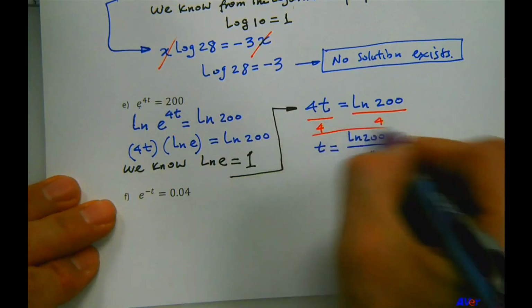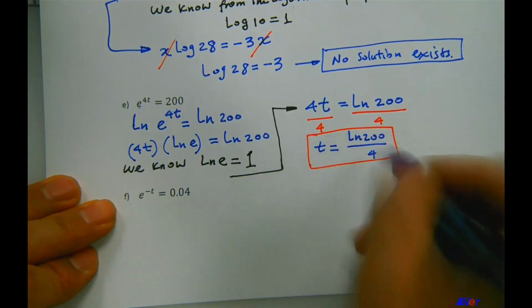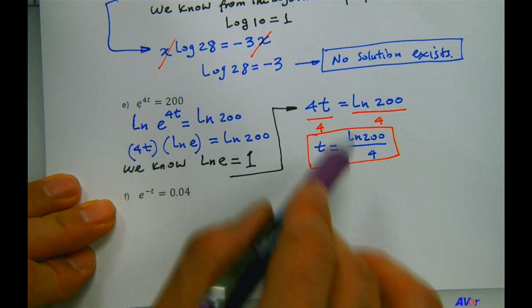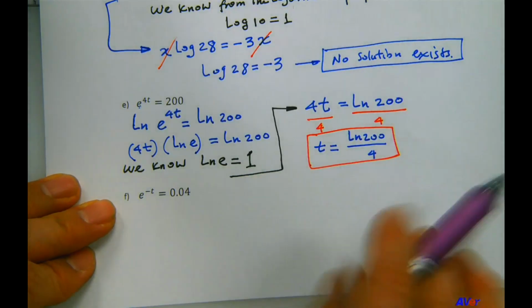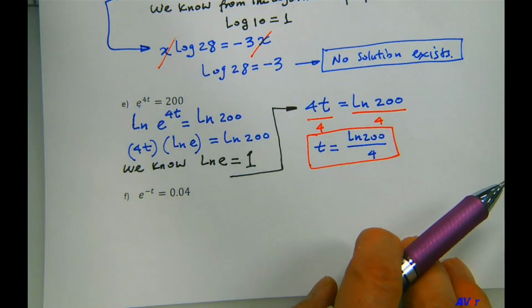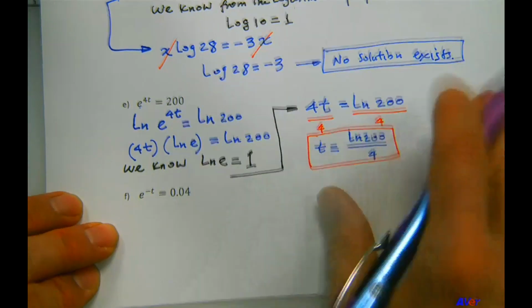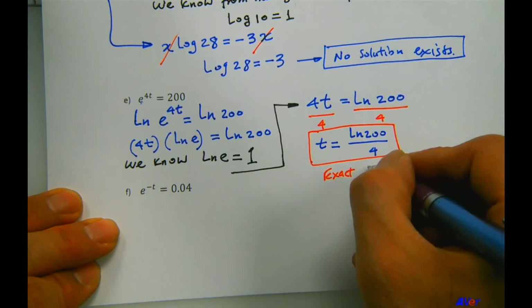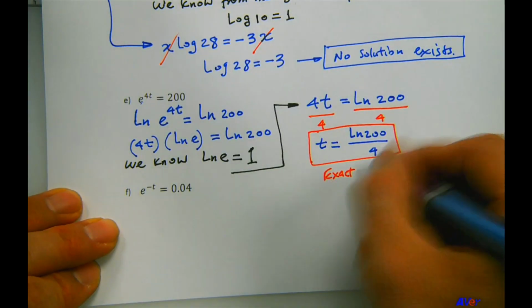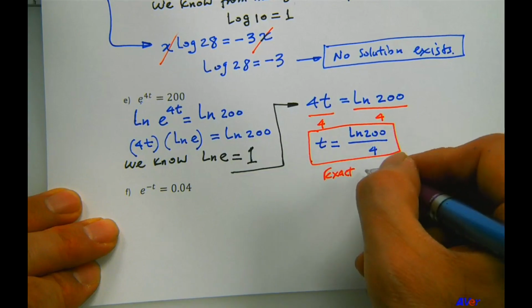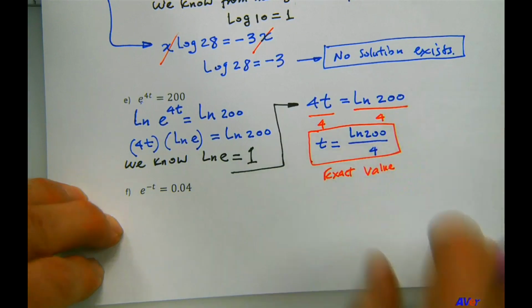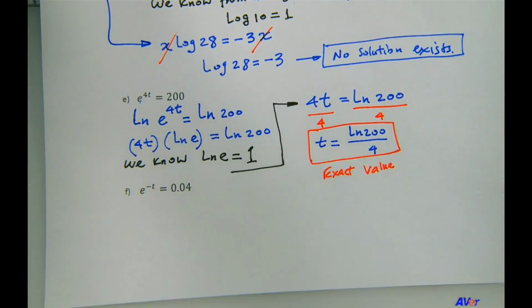So you do not have to calculate this with your calculator. Giving your answer like that, natural log of 200 divided by 4, is an exact value. Let me write that down. This is when people or computers ask for exact value, that's what they mean.